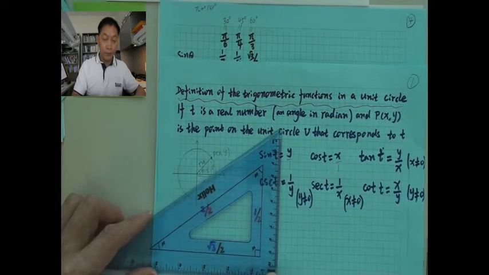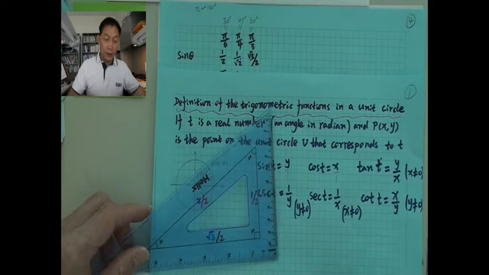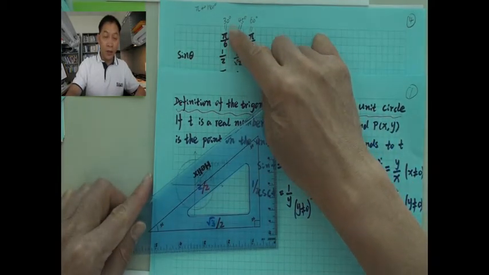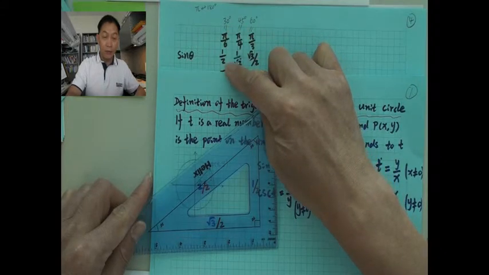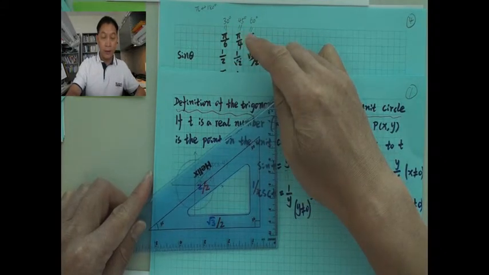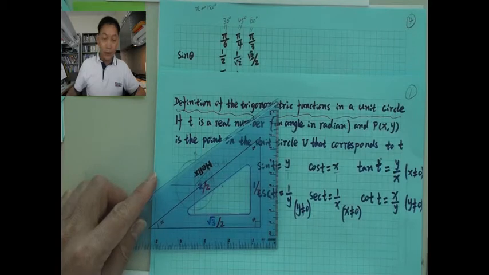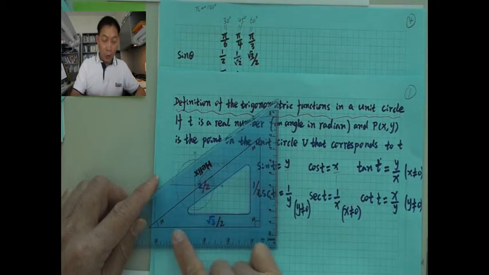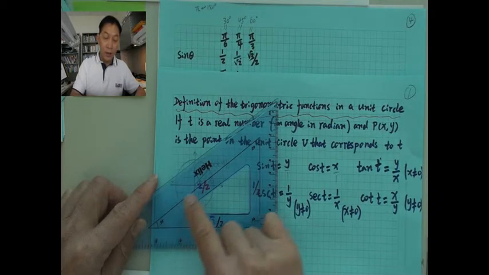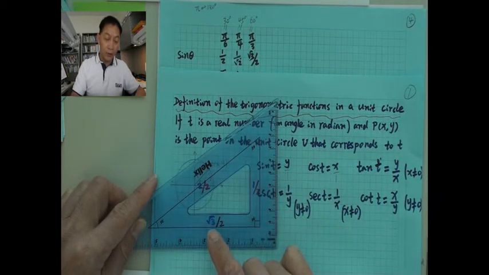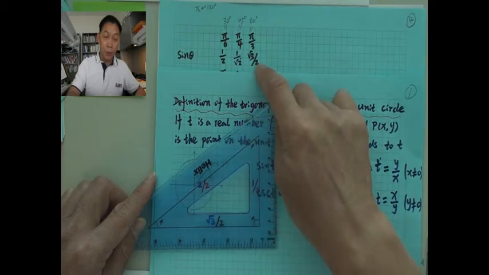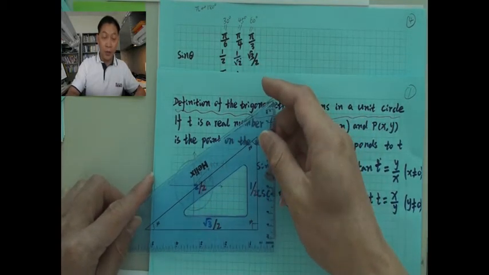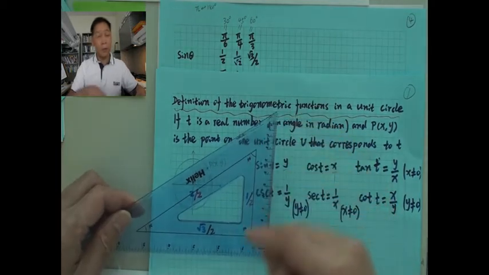Sine pi over 6, which is 30 degrees, is 1/2. And then sine 60 degrees is the opposite side over the hypotenuse, which is radical 3 over 2. So that's why we have radical 3 over 2 here. This ruler is going to help us. Remember that.